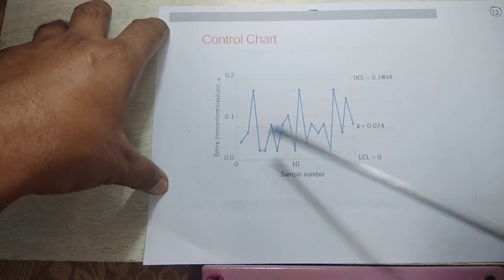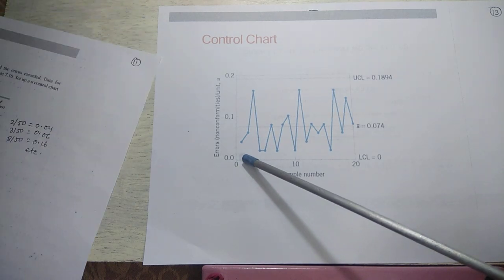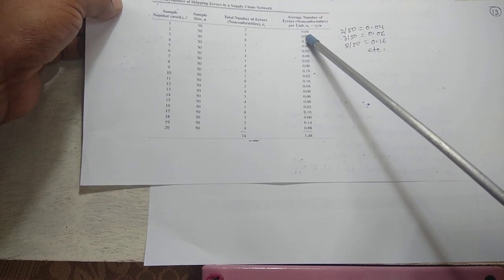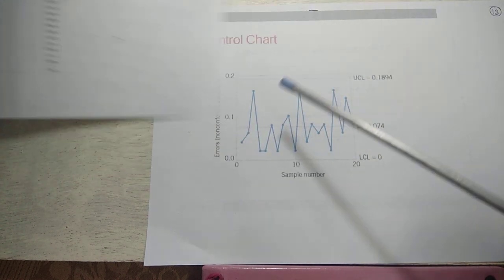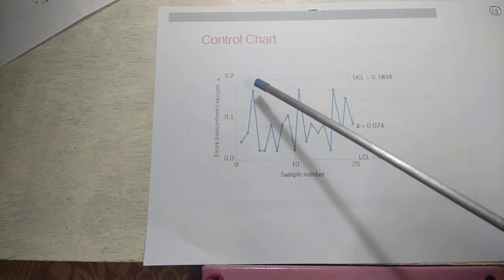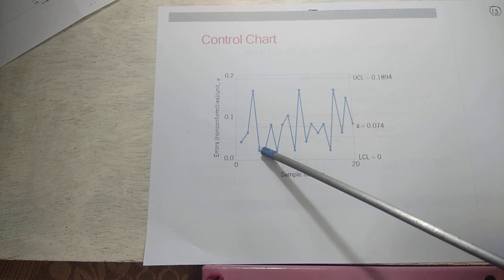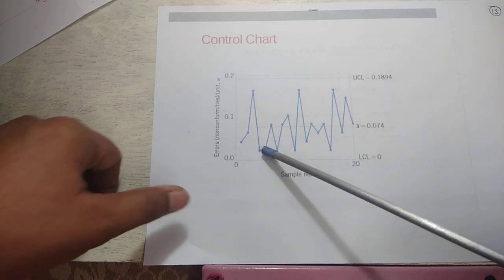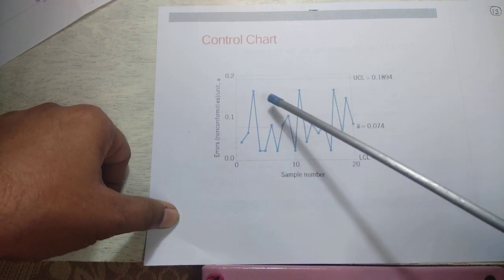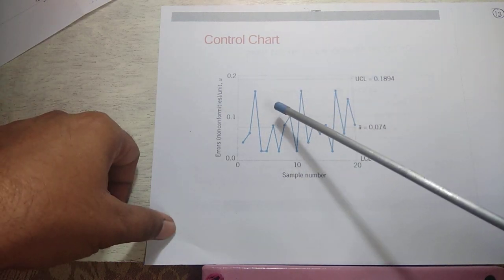For the first sample it was 0.04, then 0.04, 0.04, then 0.06, 0.16, 0.02. In this way we have plotted all the points here and joined the points by straight lines. It will represent the U chart. Clear? For this chart also we have taken the help of Excel, otherwise it is very difficult to prepare the chart.